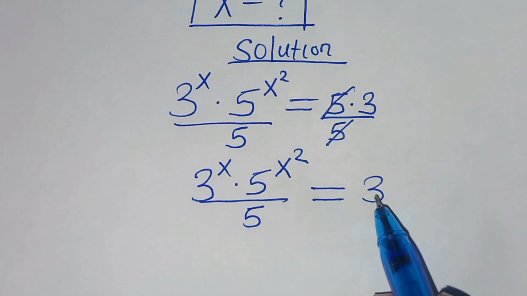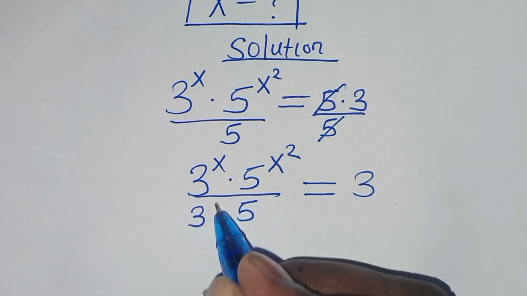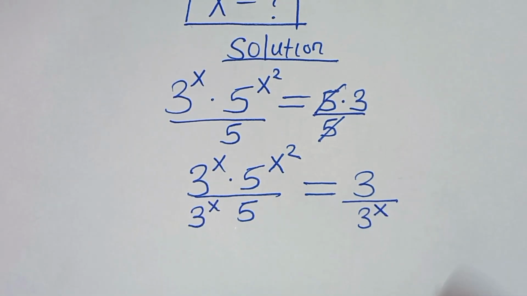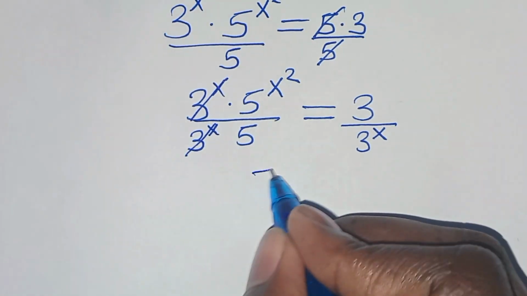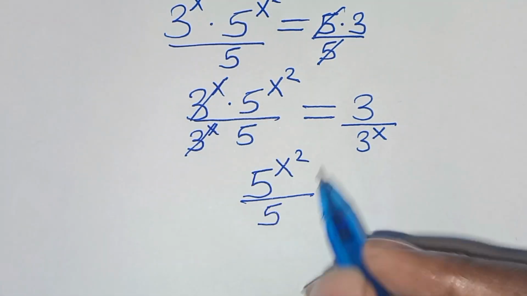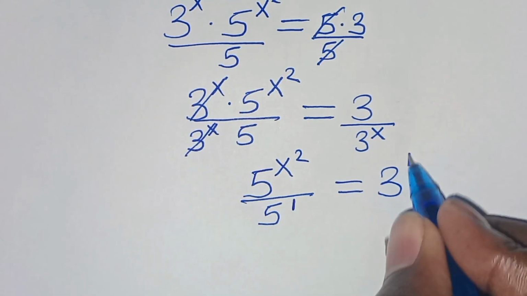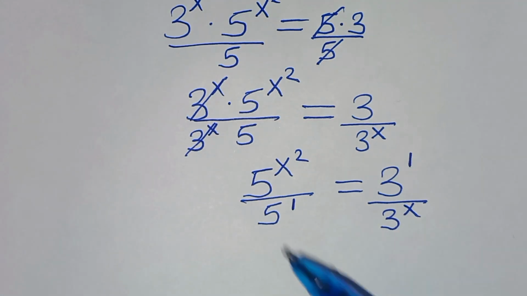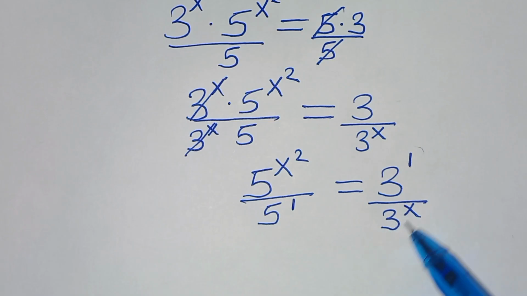The next step is to divide both sides by 3 to the power x. Simplifying, we have 5 to the power x squared over 5 to the power 1, remember 5 is 5 raised to power 1, equal to 3 to the power 1 over 3 to the power x.